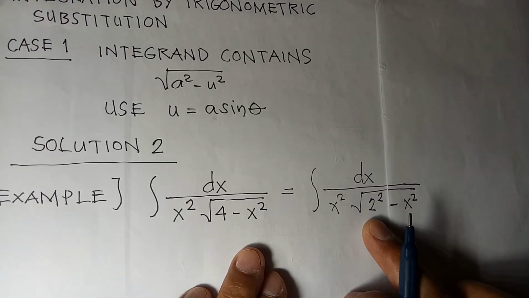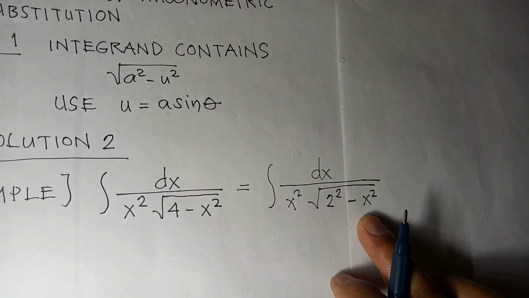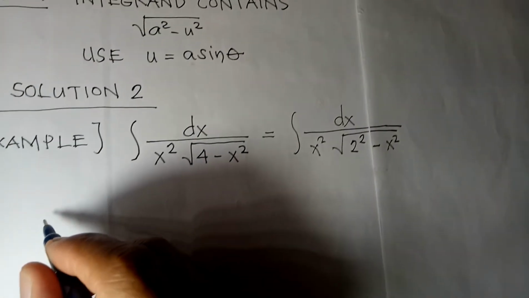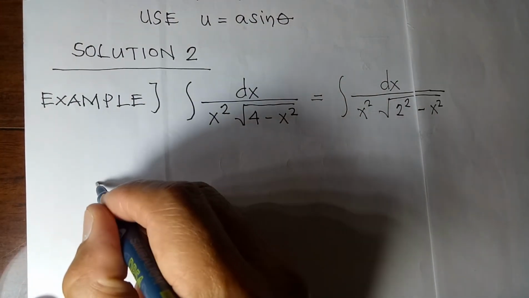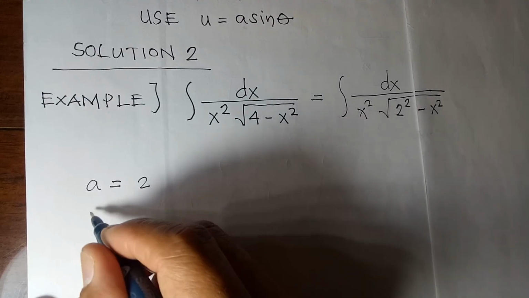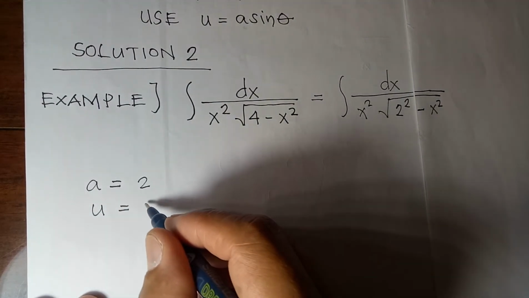Okay. So, yung a natin yung 2. Yung u natin yung x. A equals 2. U natin equals sa x.